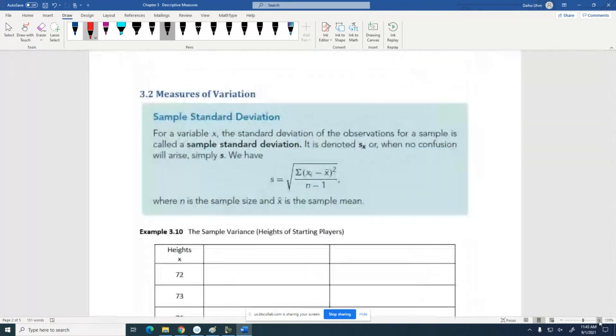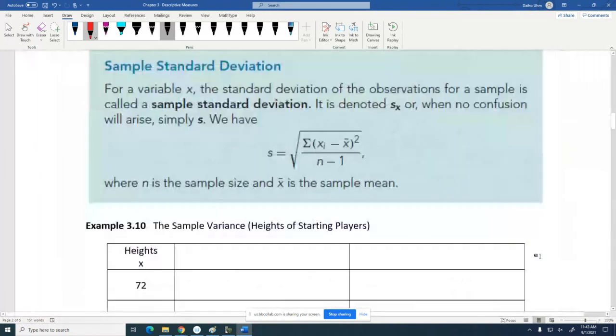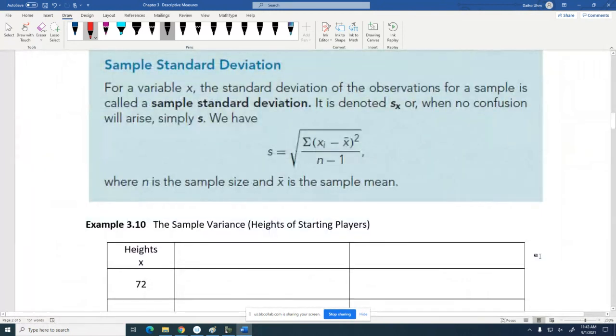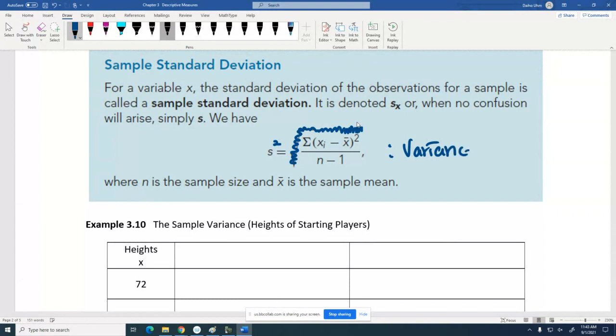Look at this. It is the formula for the sample standard deviation. When I delete the square root of it, what was that? It's actually s squared, the variance, right? The sample variance.